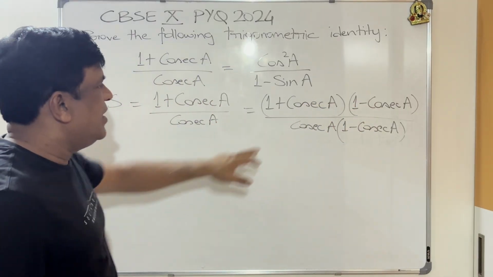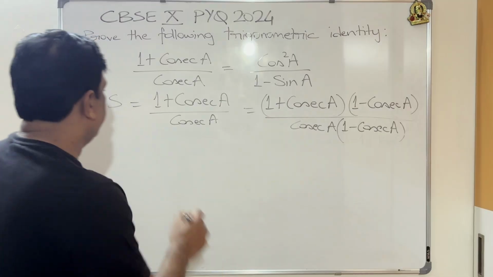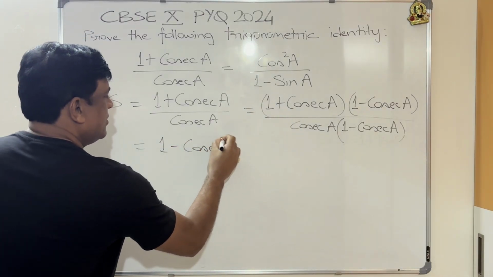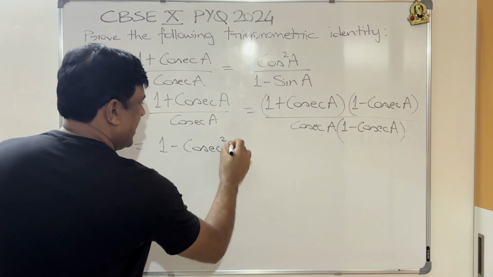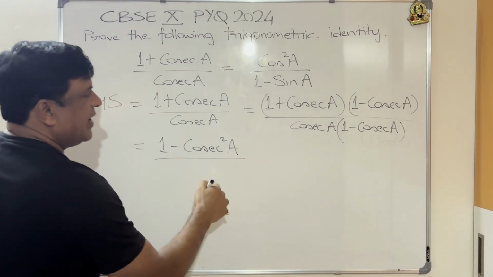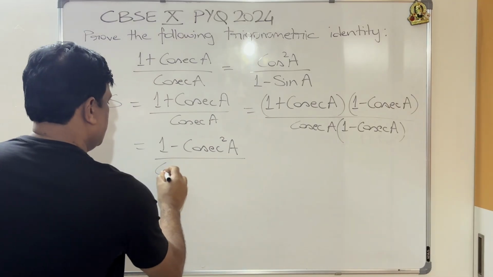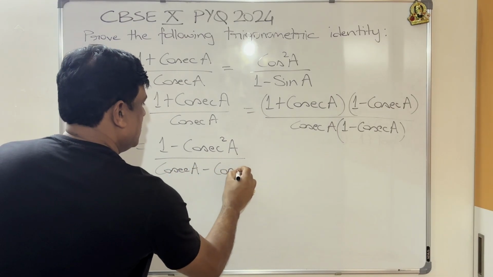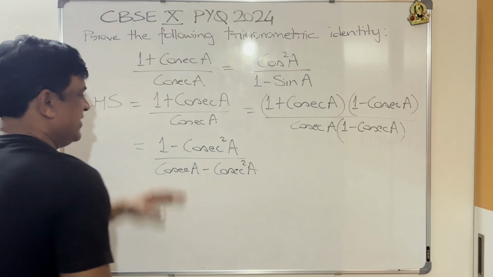It means the same. Now, what do you get over here? In the numerator it becomes 1 minus cosec square A, divided by the denominator, which becomes cosec A minus cosec square A. That is what you get.